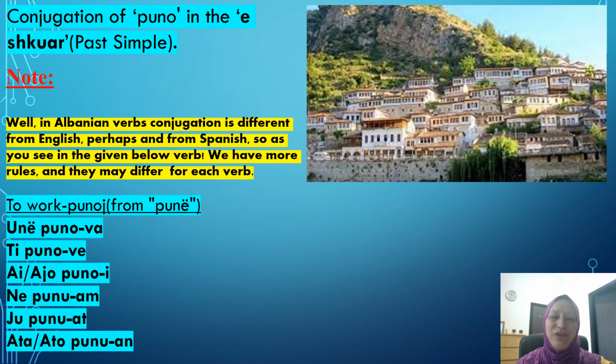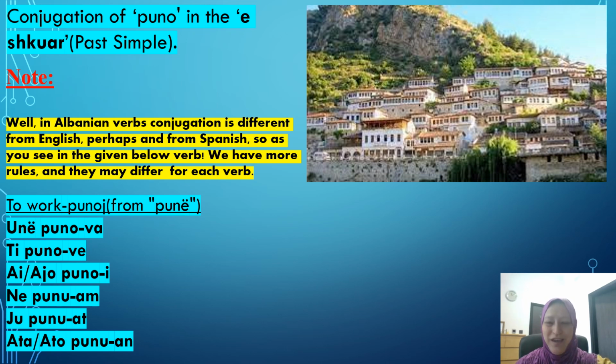So the verb puno, which comes from pun, and pun means work, is un punova. Basically, I worked. Punova. Ti, you, punove, worked. Ai, he, ajo, punoi.